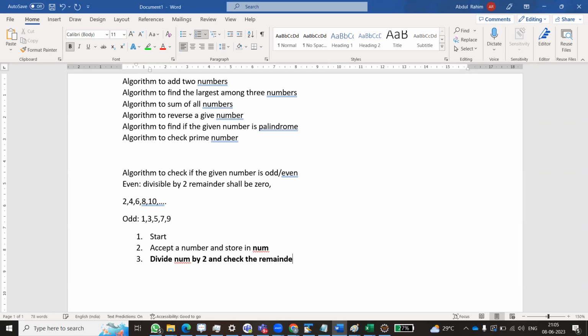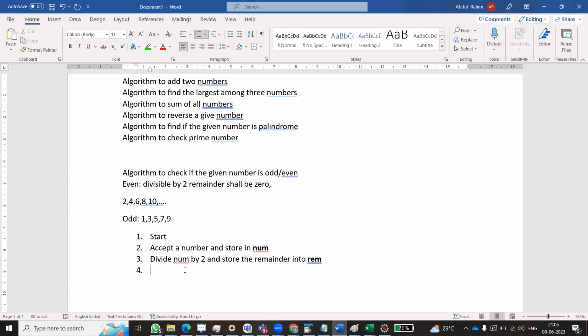Say divide num by 2 and store the remainder into REM. So this num and REM, these are our variables. Okay. Now what should I do, guys? Next.